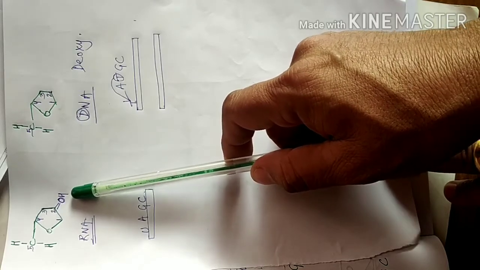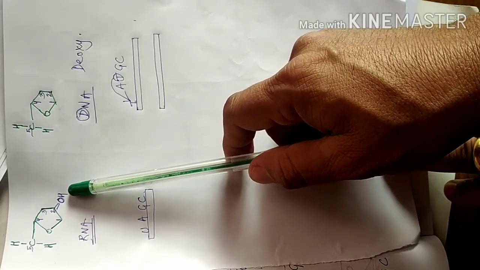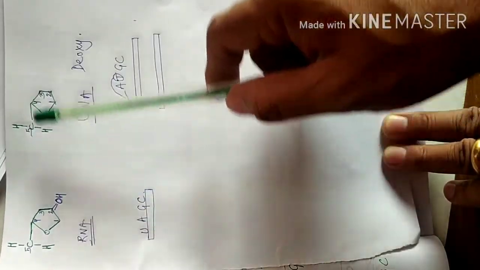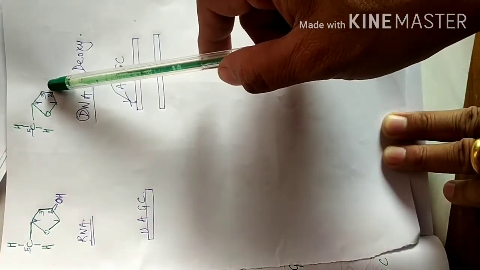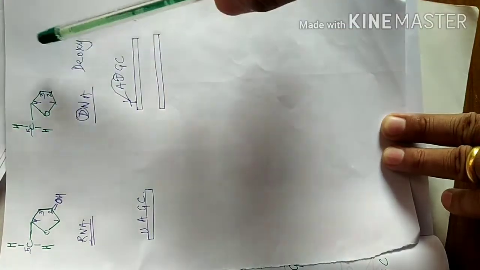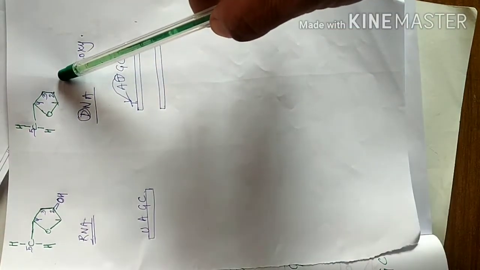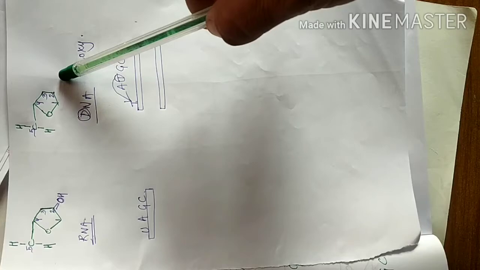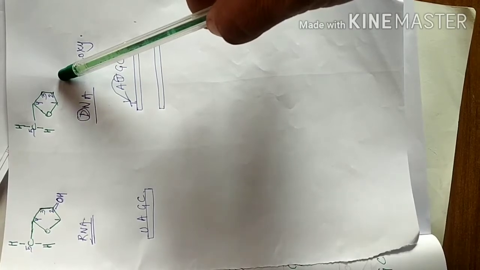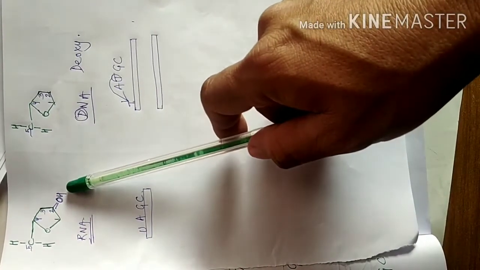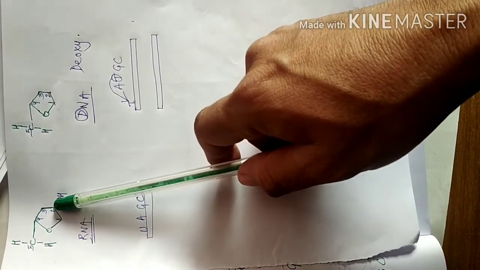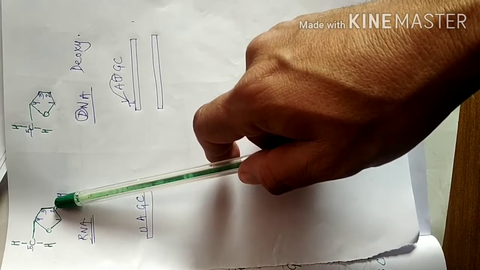RNA is reactive, therefore it is less stable, so it can be degraded easily, whereas because this OH group is absent in the 2' position, DNA becomes more stable. That is one reason why DNA is stable. You could also get a question on why DNA is more stable than RNA. Then you need to always put this point that because of the presence of the OH group in the 2' position, this is called the 2' position, okay, 2'.